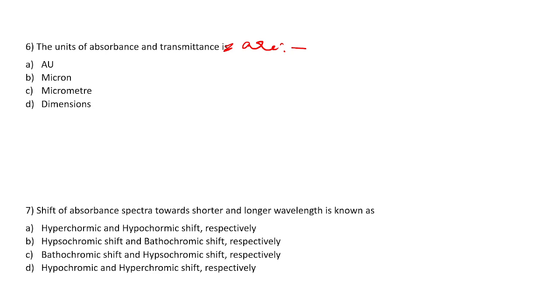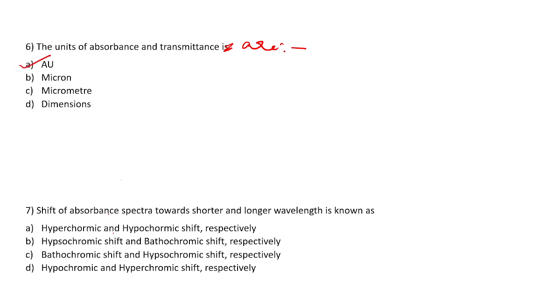What is the meaning of AU? AU means arbitrary unit. That means there is no unit of absorbance and transmittance because the units of both the numerator and denominator get cancelled out. Therefore, there is no unit. We just give it an arbitrary unit, which is AU.